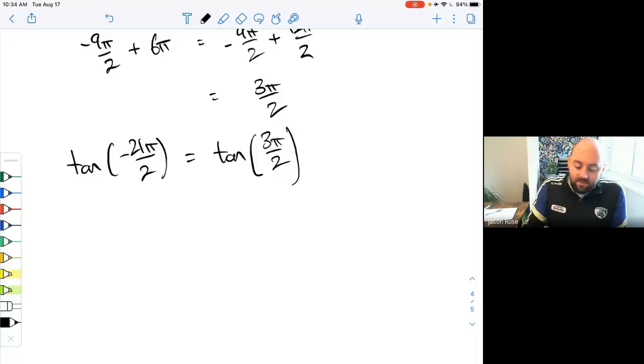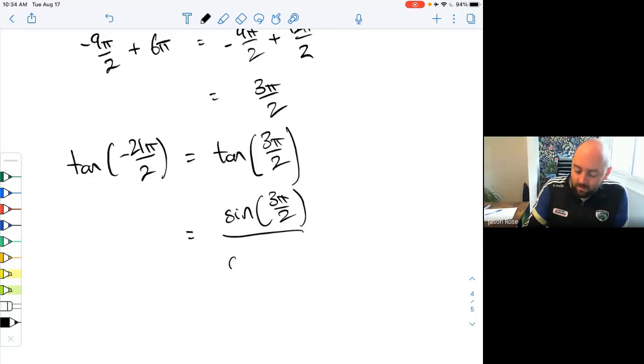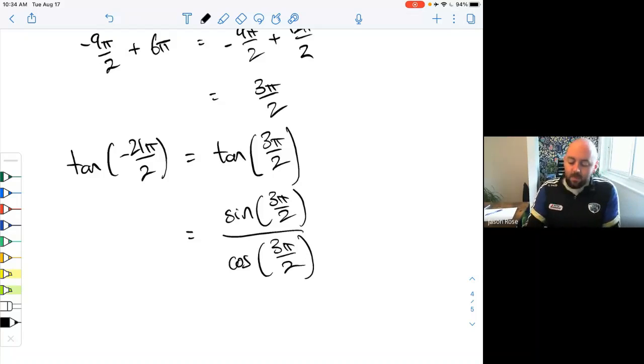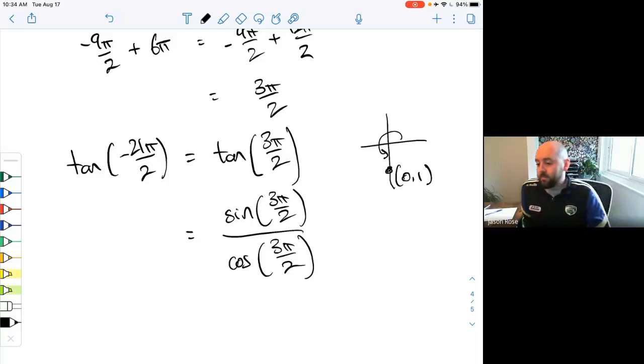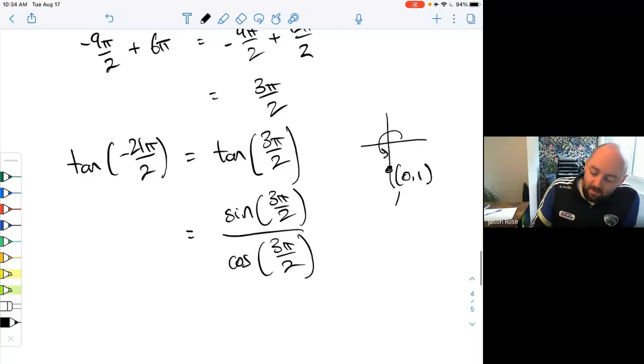Now that's not one we've seen too much of, but this is where I would go back to sines and cosines. Where's 3 pi over 2? That is down here. That's 3 pi over 2. And what is that coordinate? That's 0, negative 1, right? So the x coordinate would be your cosine.